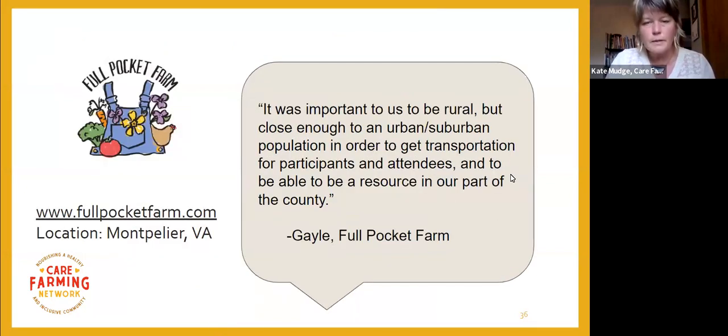And back to Full Pocket, Gail says that it was really important for them to be rural, but the proximity to an urban or suburban population in order to get that transportation for participants and attendees was important, and also just to be a resource in their county.